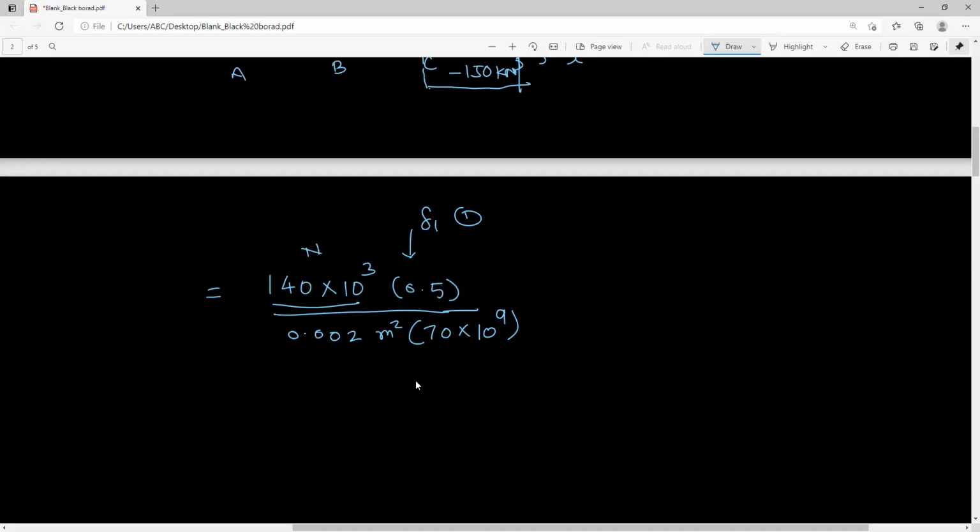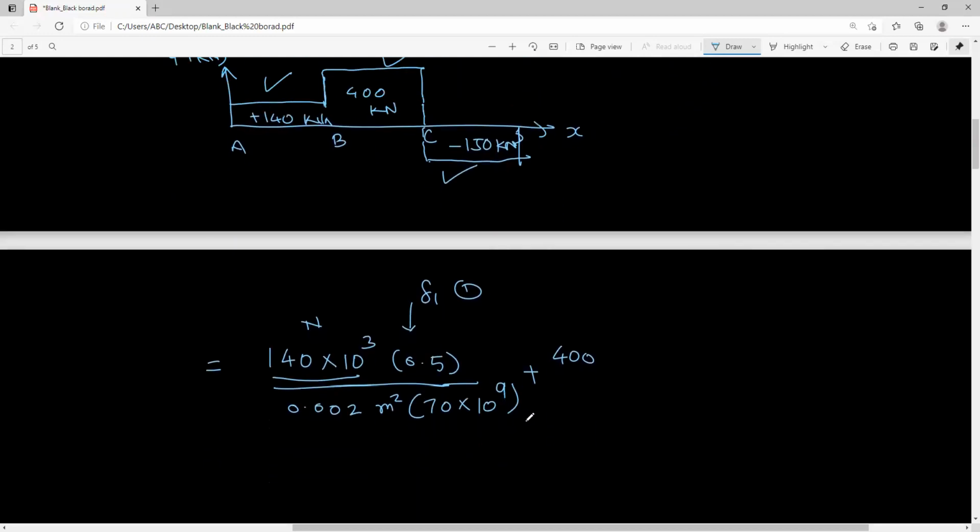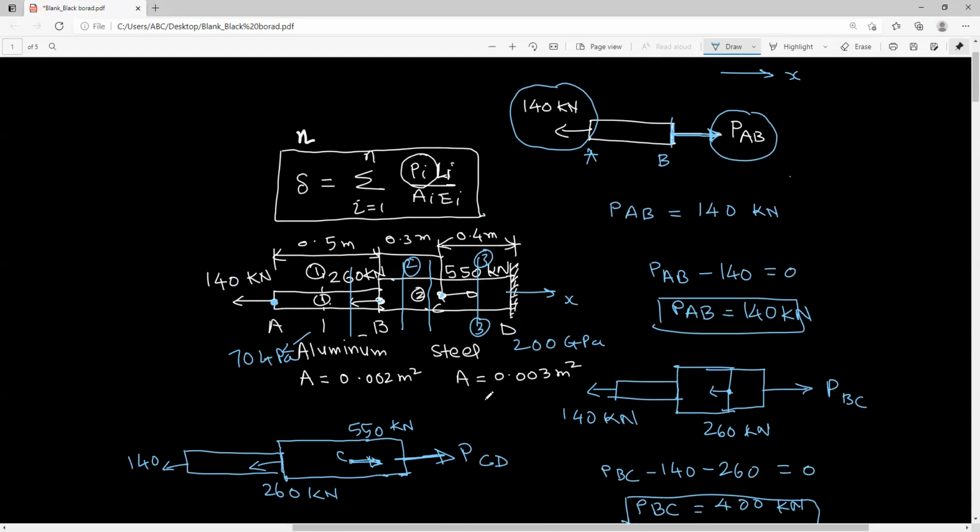Similarly, we write the deflection due to part 2, that is 400 kilonewton for part 2. You have to see these three parts: the internal force, the deflection due to these internal forces, and the individual length. Okay, the second part, between B and C, the length is already given, that is 0.3 meter.